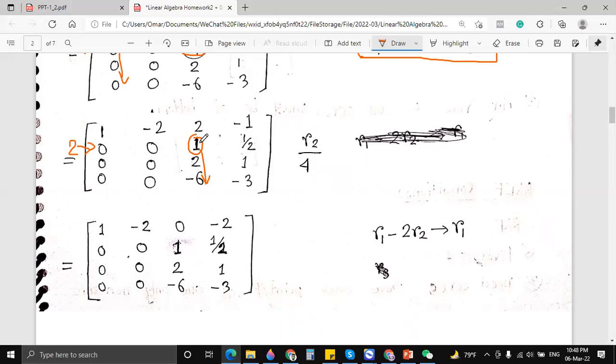Then I will get 2 here, and then 2 by 2, if we cancel them, I get 1. So 2, 1. And then I subtract the first row from the second row. So 2 minus 2, 2 minus 2.